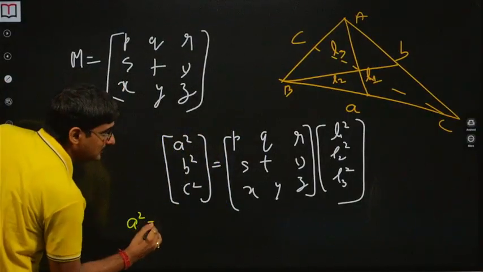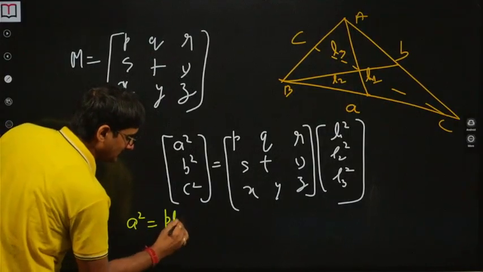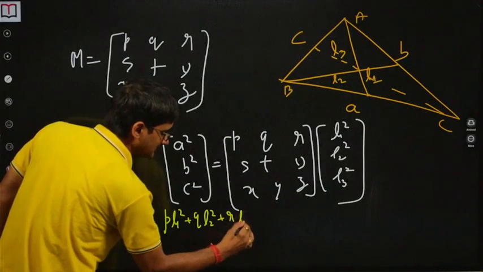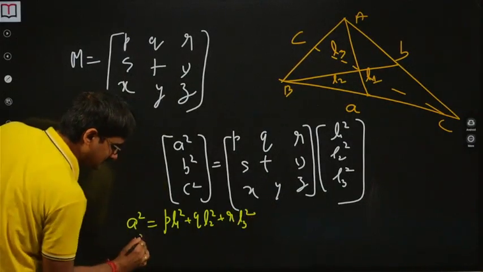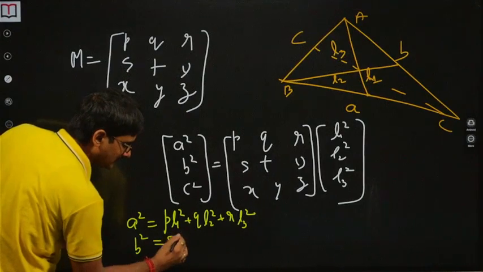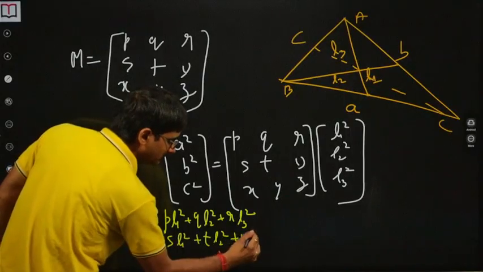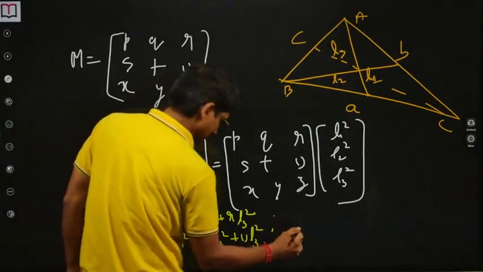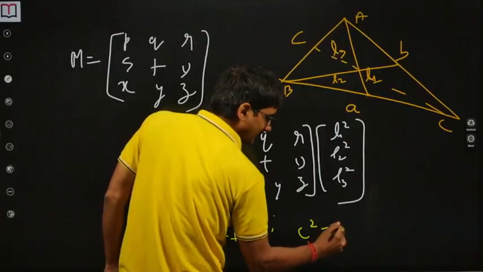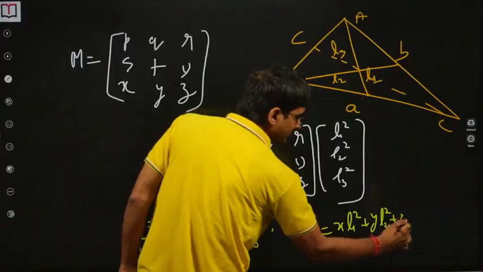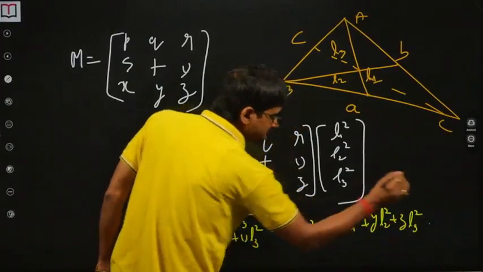A square is P L1 square plus Q L2 square plus R L3 square. Similarly, B square is S L1 square plus T L2 square plus U L3 square. Likewise, C square is X L1 square plus Y L2 square plus Z L3 square.